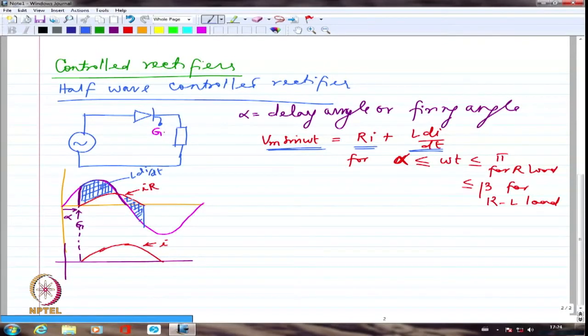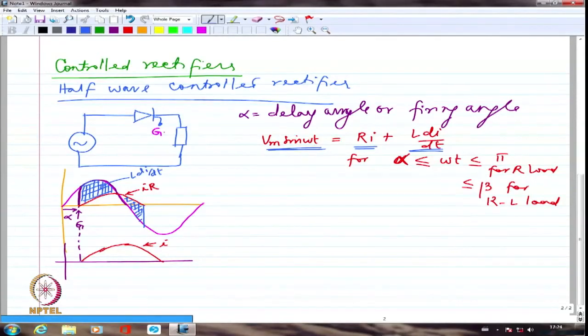You get my point, because Vm sin omega t is smaller than IR. So IR minus Vm sin omega t becomes minus VL now, because of which I get this as the negative inductance voltage, or di by dt is becoming negative. So the current is falling during this portion.